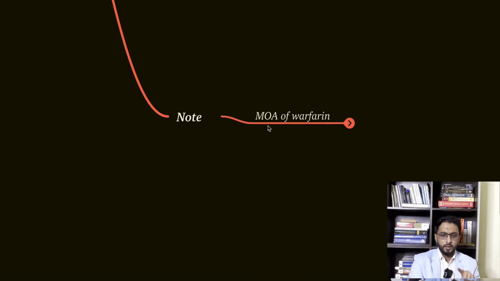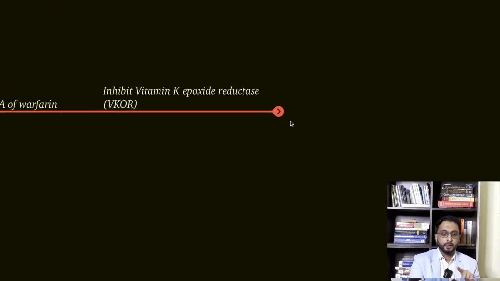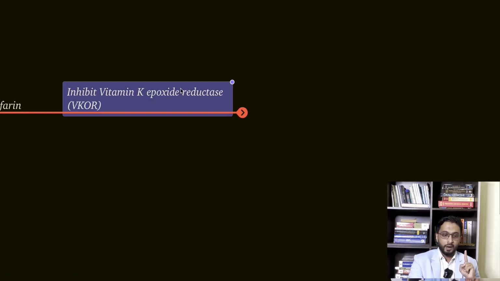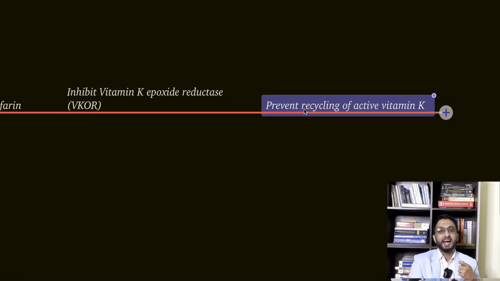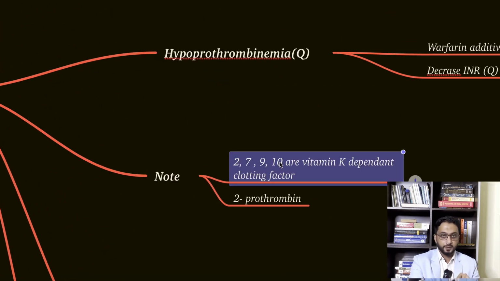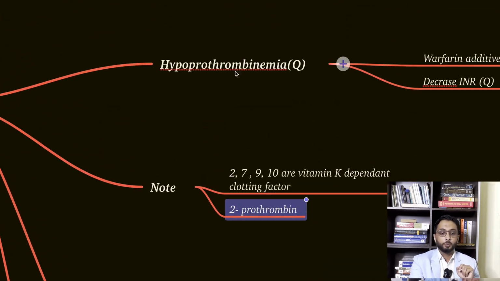The mechanism of action of warfarin is that it inhibits the enzyme called vitamin K epoxide reductase, VKOR, thereby preventing the recycling of active vitamin K. Active vitamin K is not available. Active vitamin K is very important for these clotting factors, 2, 7, 9, 10, to be formed or activated. So it produces hypoprothrombinemia.